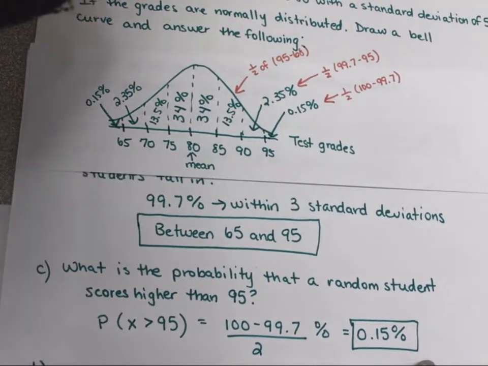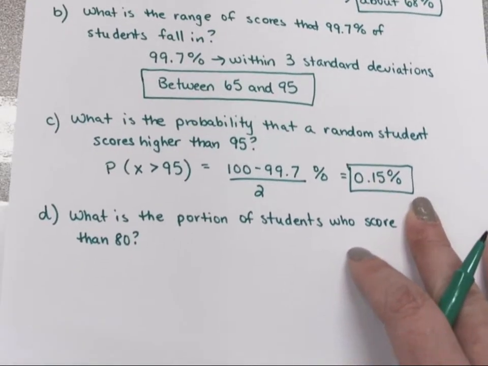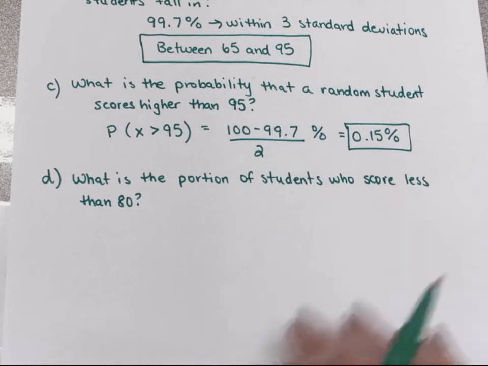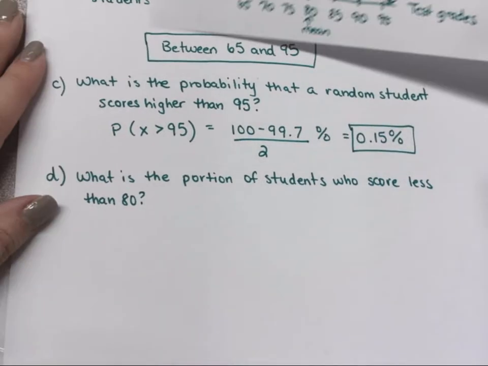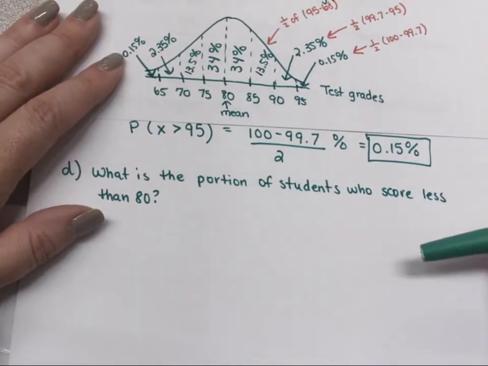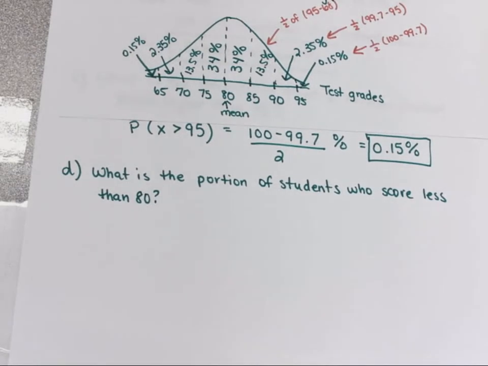Oh, I guess I should make that visible. That'd be nice, right? So what is the portion of students who score less than 80? But I'm still going to try to prop this. Okay. What do you notice about 80, though? 80 is square in the middle, right? So you don't really even need to think about this too hard. It's half one way and it's half the other, right? So it's going to be 50%.